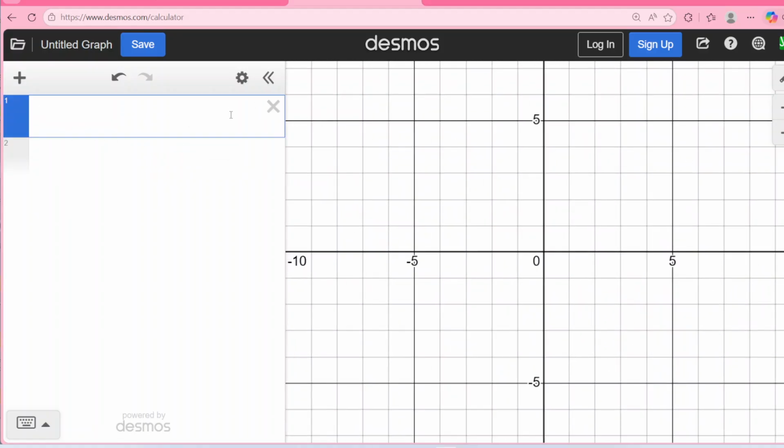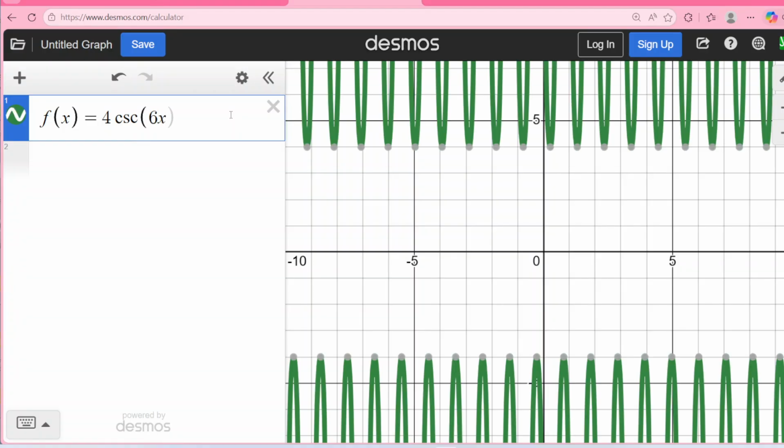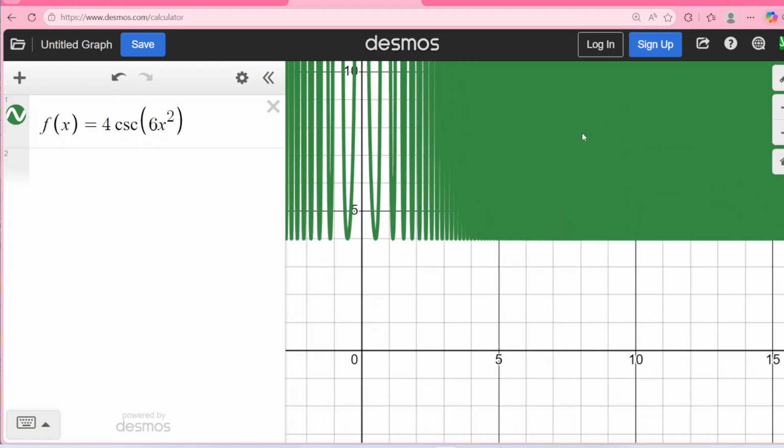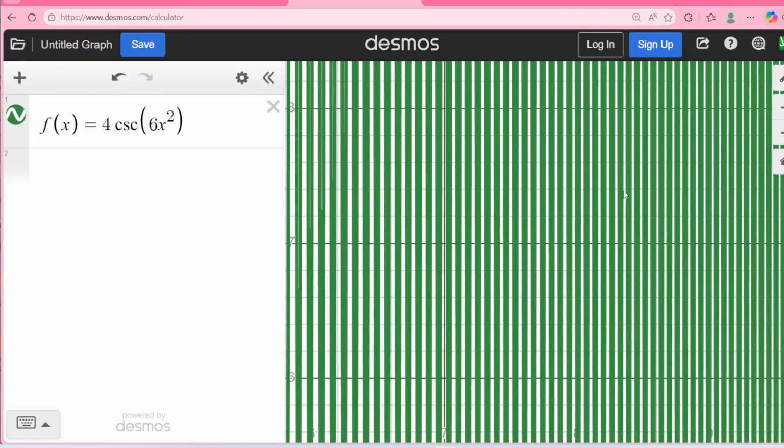So again, I'm in radian mode. We have f of x equals 4 times the cosecant of 6x squared. Now look at this nastiness. This isn't doing anything in particular here.